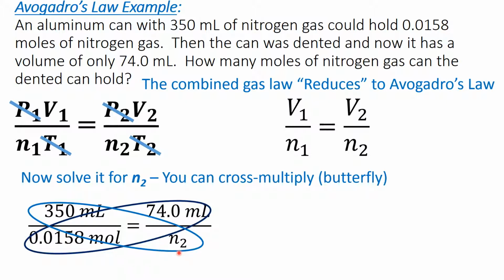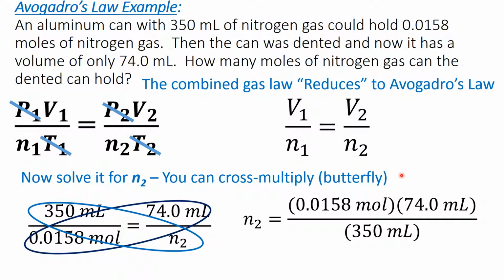If we solved explicitly for N2, we would have N2 is equal to this right here. So N2 is equal to N1 times V2 divided by V1. But we don't have to do that. We can just multiply these and divide by this, and it'll equal our N2.